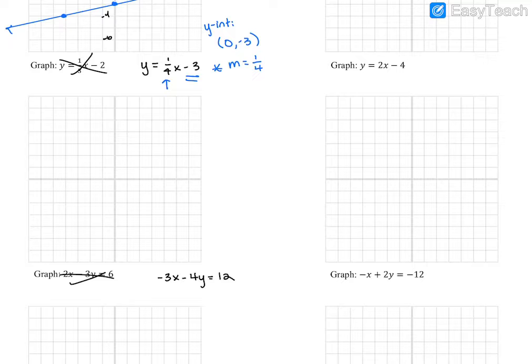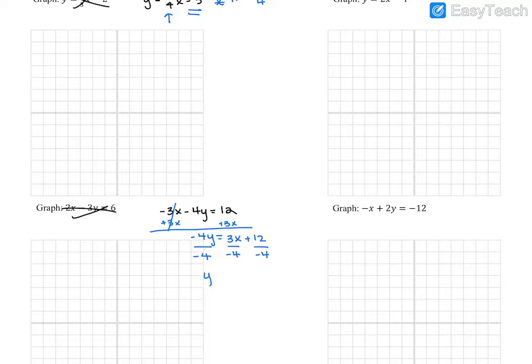There's 2 ways that you can go about doing this problem. You could move things around, so you could get y alone, so I would add 3x on both sides. Next, I'll have to divide everything by -4.